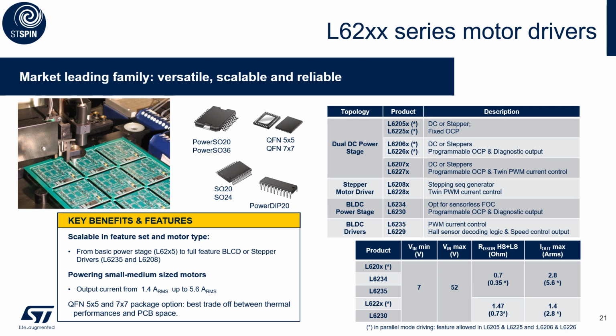The X8 is dedicated to stepper motors and it offers a stepping frequency generator. For BLDC motors, we can choose between a programmable overcurrent protection and a diagnostic output, or we can have a Hall sensor decoding logic and speed control output.